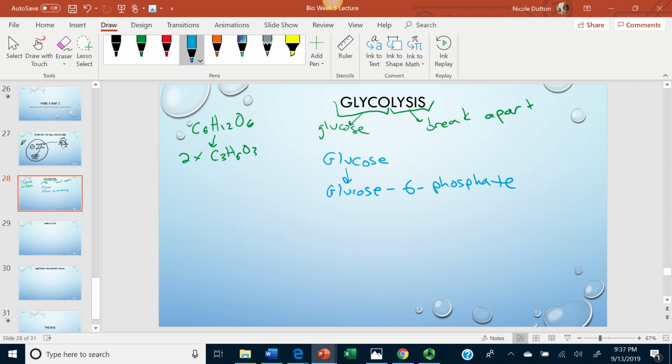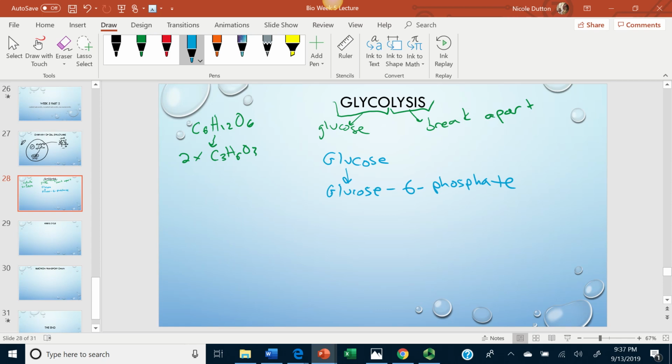In this class, we did a transport lab. So we had these deshelled eggs, and we had sugars passing into and out of the membrane and so forth. Really the water was moving into or out of the cell depending on the sugar solution concentration. If we bring sugar into a cell, that sugar wants to go down its concentration gradient.